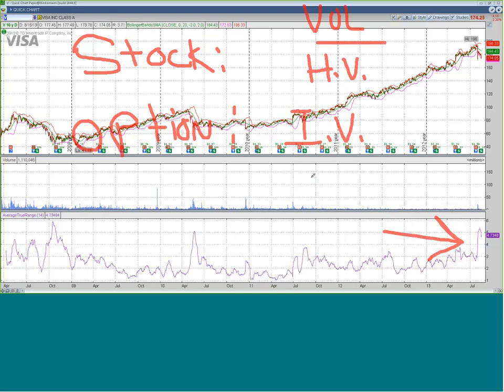We see how expensive it is to buy a call or put. Implied volatility looks at the calls and the puts and says, those are very expensive, those are a little less expensive. So we look for situations where the historical volatility is greater than the implied volatility, and it shows us the options are actually undervalued.